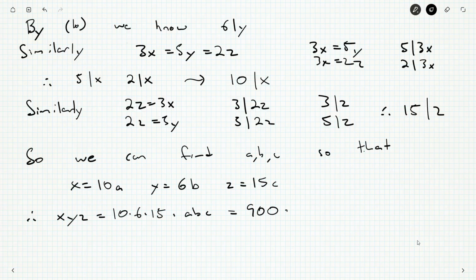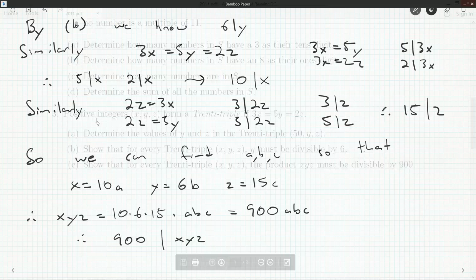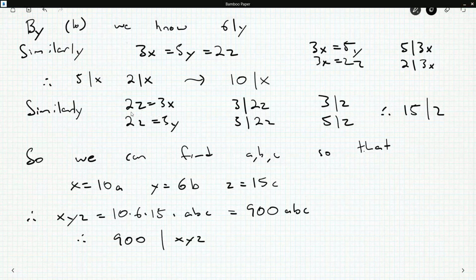And that's 900abc. And that tells me that 900 divides xyz. A, b, and c, I mean, you could mention that they have to be positive integers. I don't really think it's necessary because everything we're doing in this question is positive integers. But there it is. So that's 3C right there.